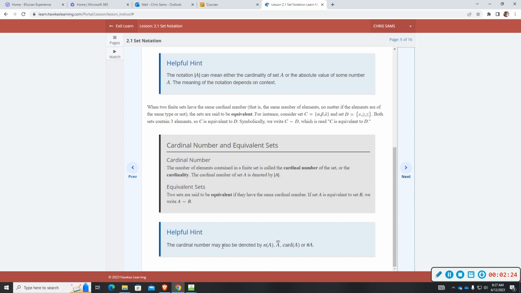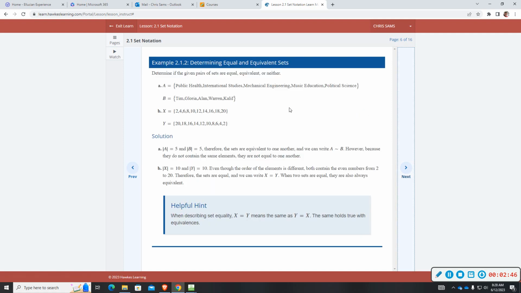Here's a hint that shows sometimes cardinality may be denoted with other terms. The most commonly used one that I'm familiar with is this n, and then the set in parentheses, so number of elements in A. These other ones are just other notations that you may see. So here's some more examples.